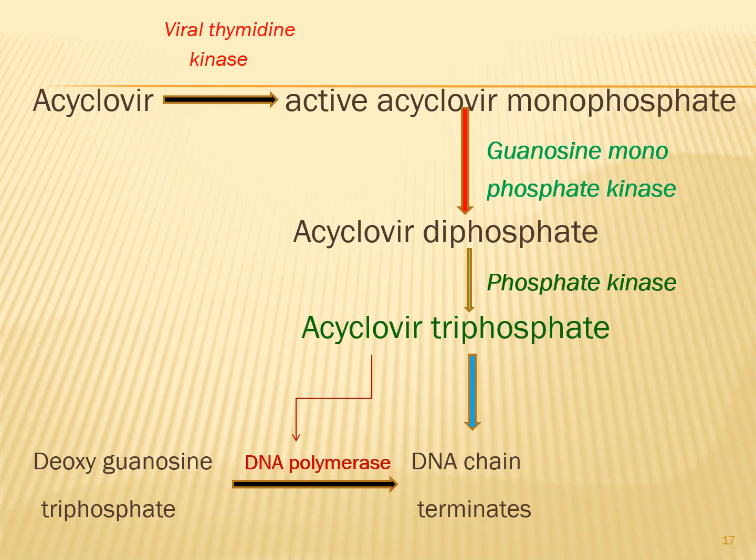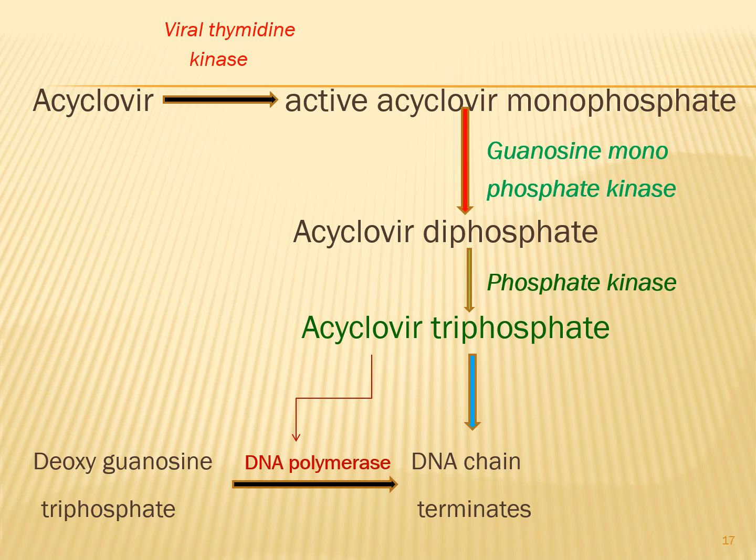This is a flow chart showing the mechanism of action. Acyclovir gets converted to acyclovir monophosphate by the enzyme present in the virus, that is thymidine kinase. Then acyclovir monophosphate is converted to acyclovir diphosphate by the enzyme guanosine monophosphate kinase. Then this diphosphate is converted to triphosphate by the enzyme phosphate kinase.